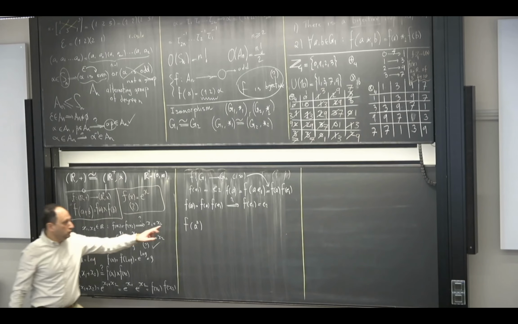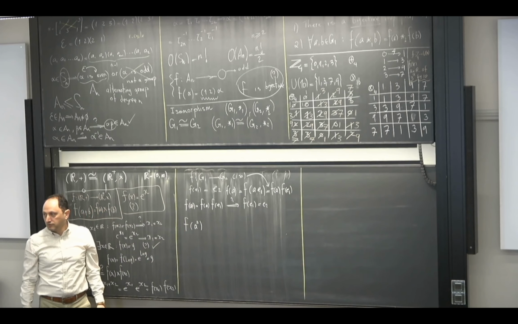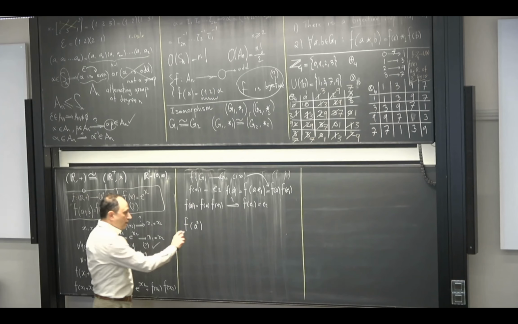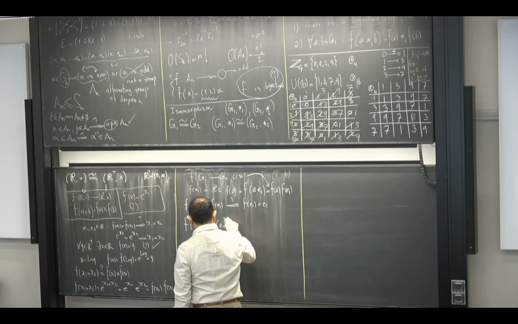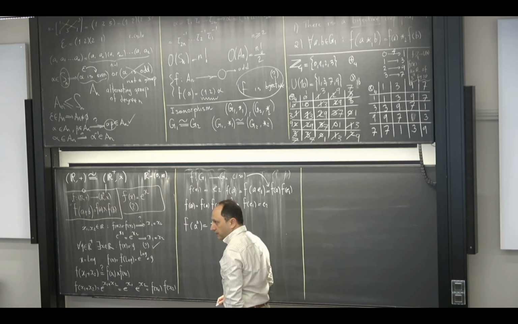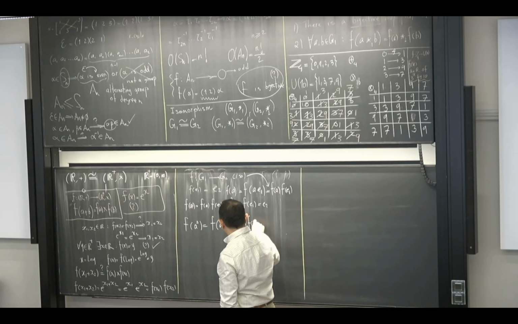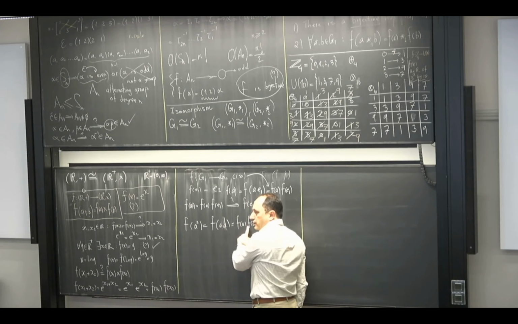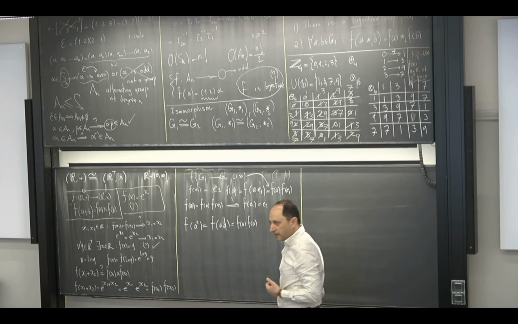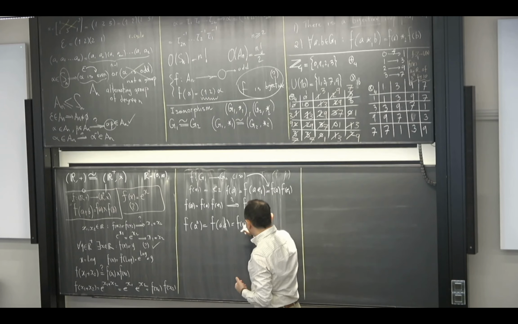It is f of A times f of A. A squared means AA. But because f is an isomorphism, you write it as f of A. But be careful, this operation is done on G1, and this operation is done on G2. We write both of them simply because we are lazy. By the way, it's very efficient. And then I have something multiplied by itself, so it becomes f of A to the power 2.